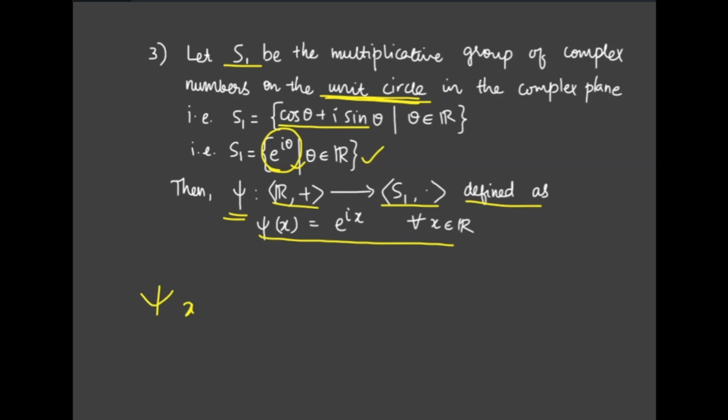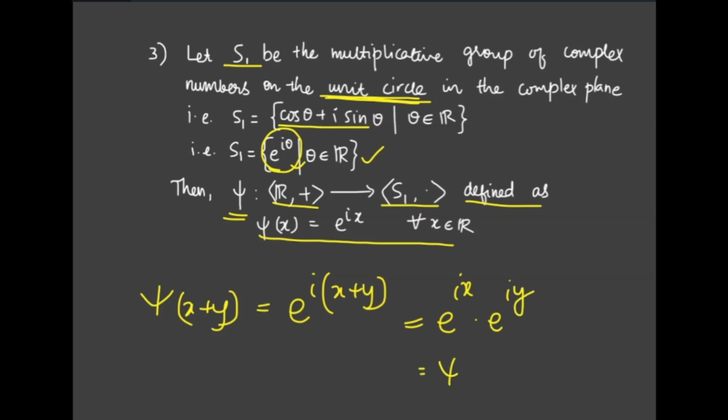Xi of x plus y equals e to the i(x plus y), which can also be written as e to the ix dot e to the iy, which is nothing but xi of x dot xi of y. See, so this equals this, therefore this is a group homomorphism.